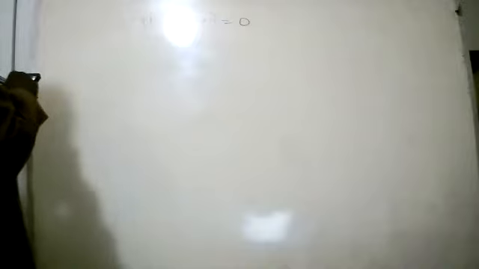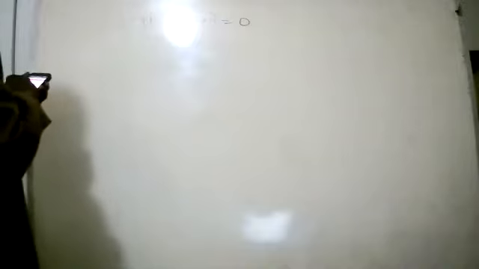Let me choose another one, because it's a very simple question which we don't have to spend much time on. Let me check another previous question paper to avoid spending much time on the simplest question.